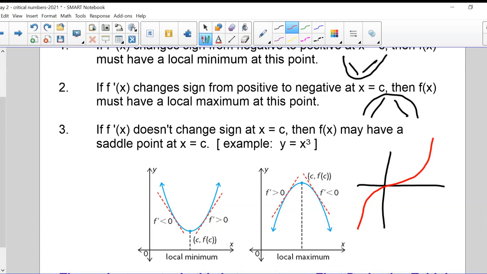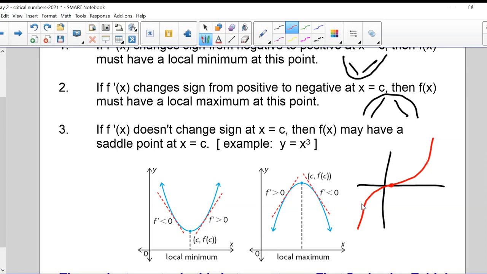Well, that's neither. There is going to be a point somewhere in the middle here which has a horizontal tangent. Somewhere there is a horizontal tangent. But it does not result in a max or a min. What's happening is that it goes from a positive slope, goes to a horizontal tangent, and then it goes back to a positive slope again.